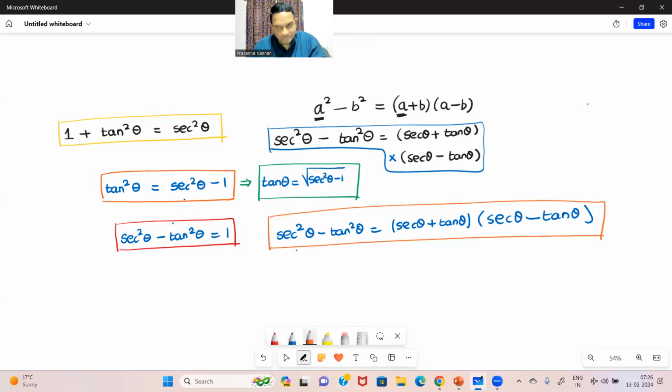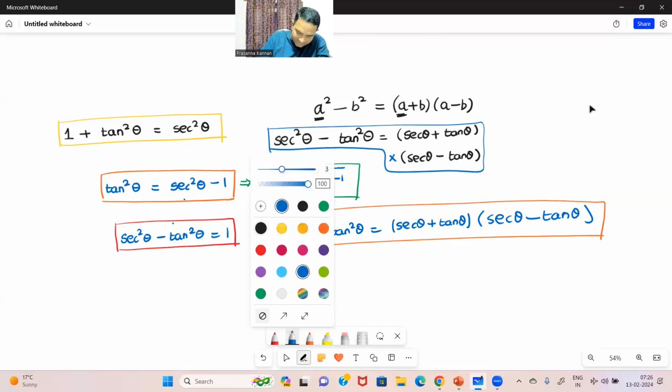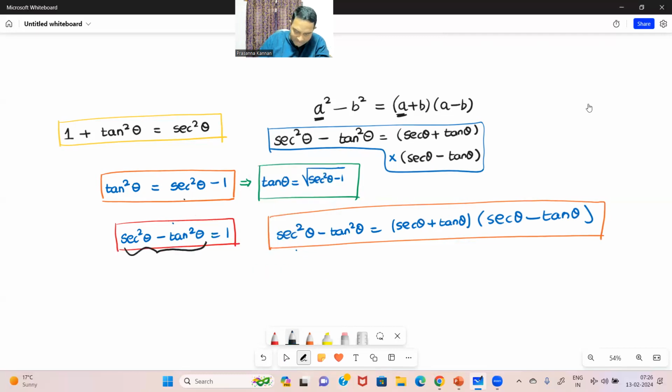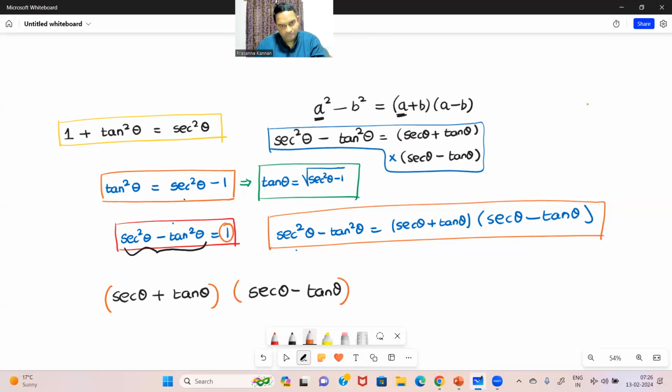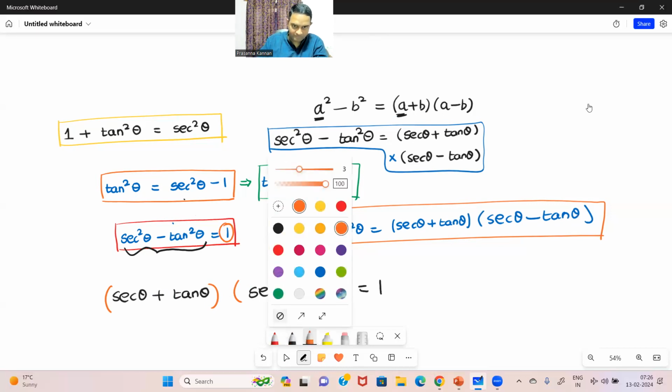Is it clear? Okay. And what is on the right side? 1. Okay, 1 is equal to 1. Is it clear to you?